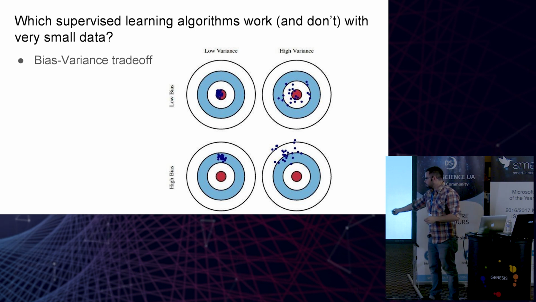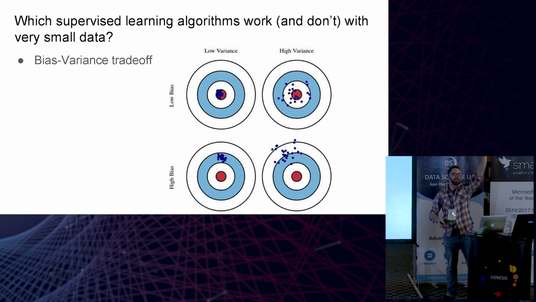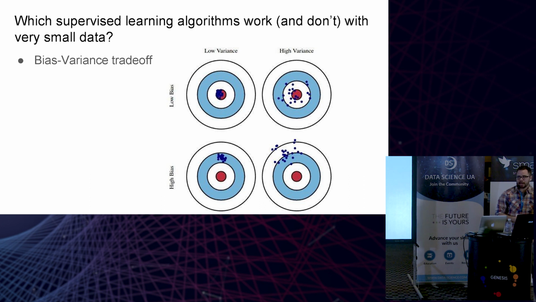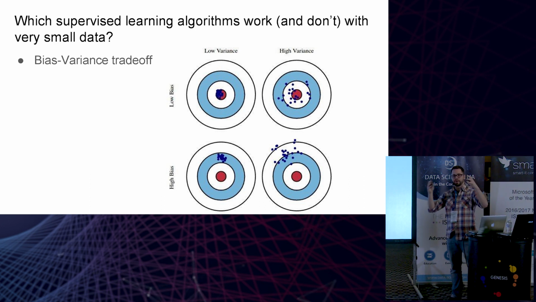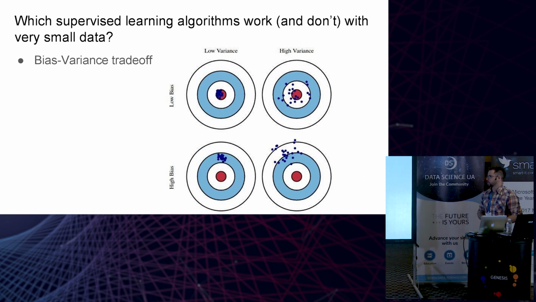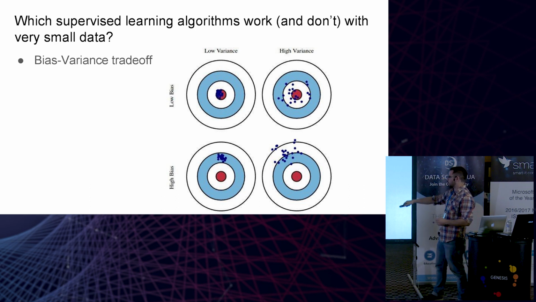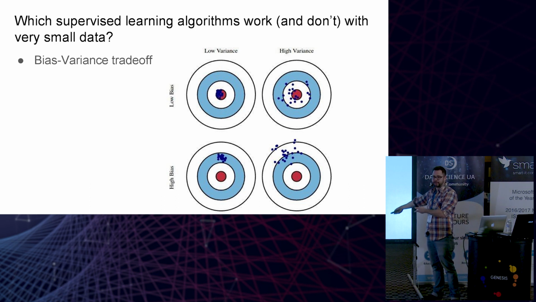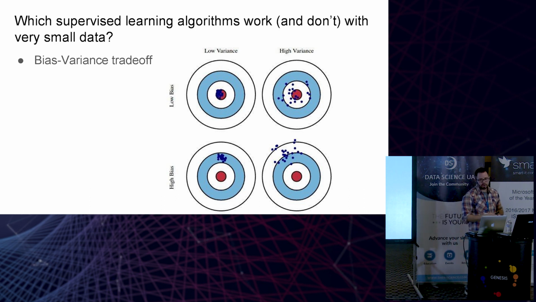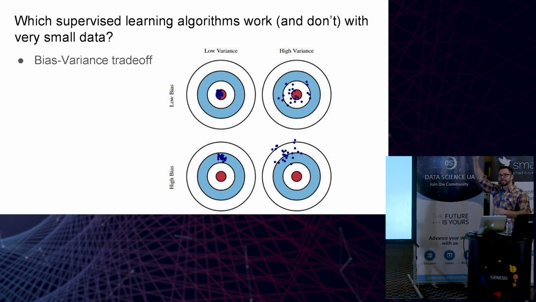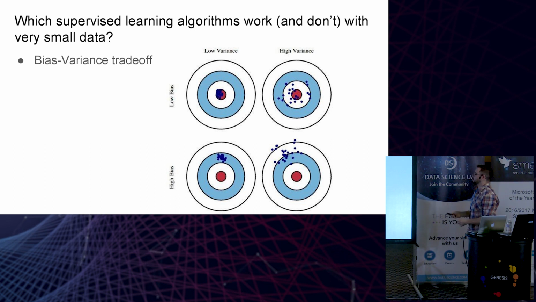And the bottom cases have a very high bias, because the average of them is very far from the center. And the variance is related to how spread out your predictions are. So you want to be in a case where you have low bias and low variance, and this is the worst case, right? With high bias and high variance, where you are completely off the target, and besides, all your predictions are very, very dispersed.